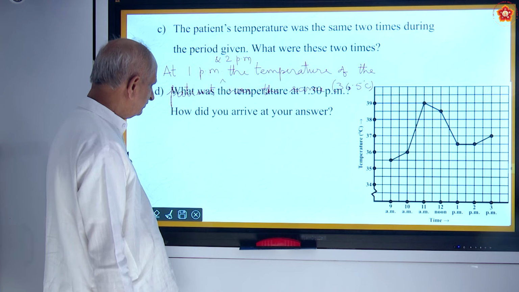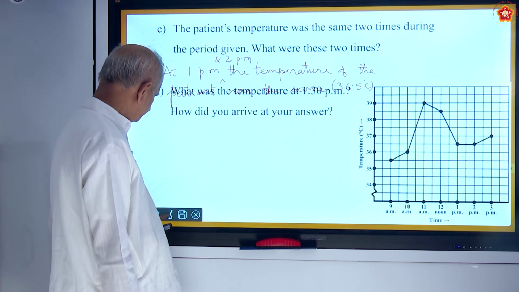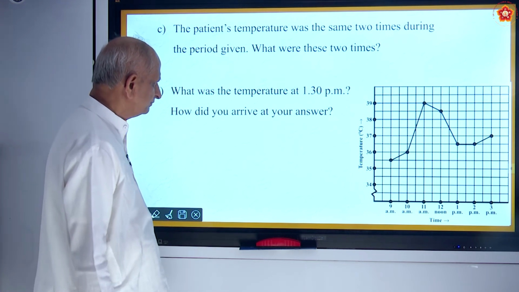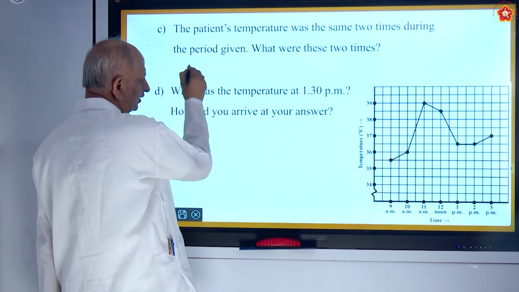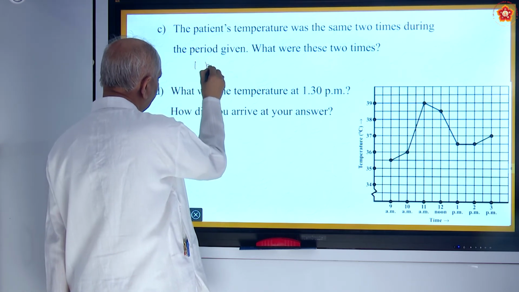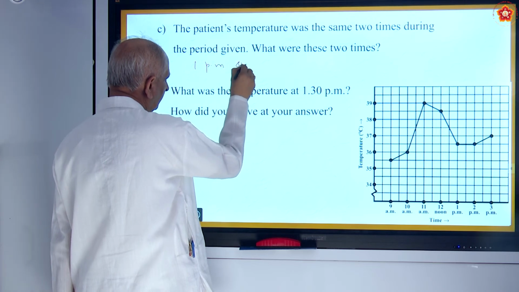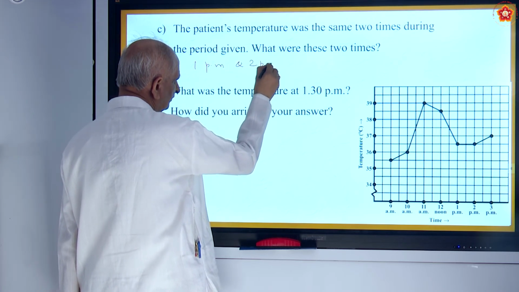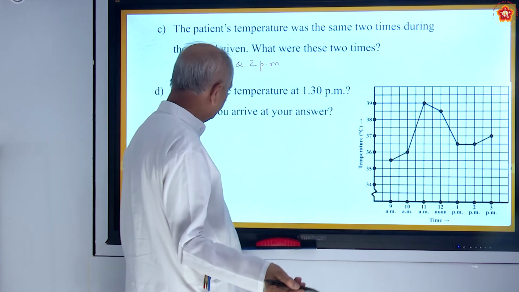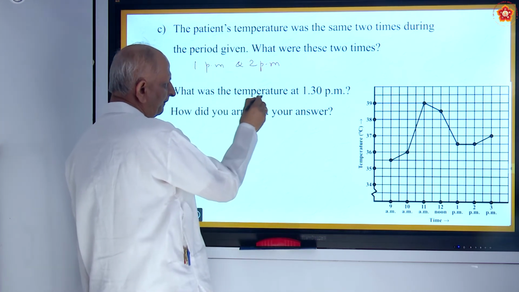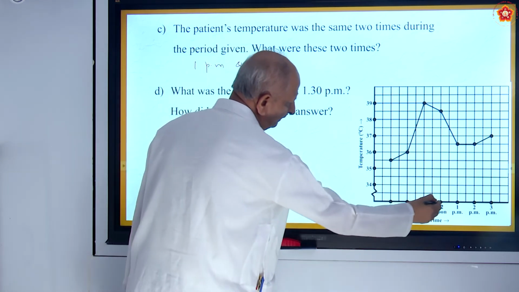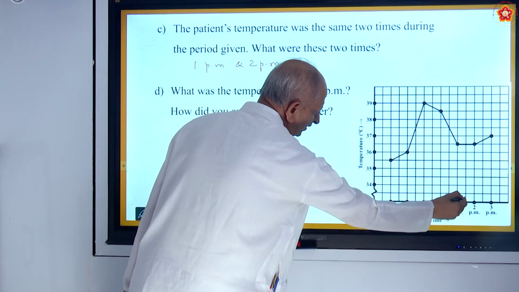Now next question. What was the temperature at 1:30 p.m.? So here it is, 1 p.m. and 2 p.m. That is the answer for that, for those who have not written down. What was the temperature at 1:30 p.m.? 1 is here, 2 is here, 1:30.